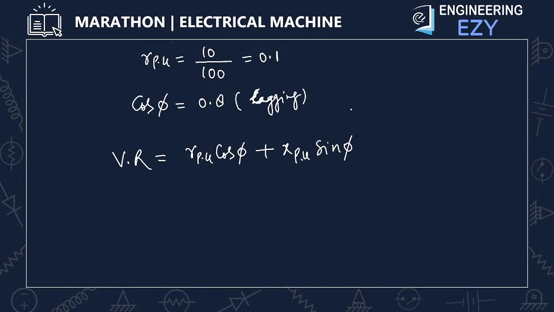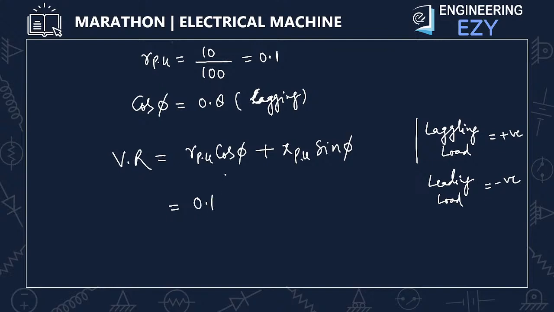So for lagging load the sign is positive and for leading load the sign is negative. We have calculated R per unit as 0.1, cos phi is 0.8, plus X per unit is given as 0.4 and sin phi.